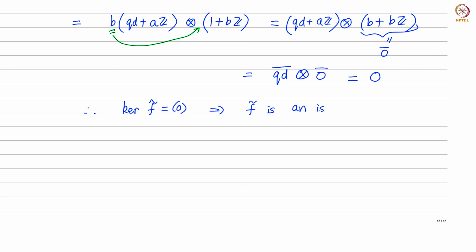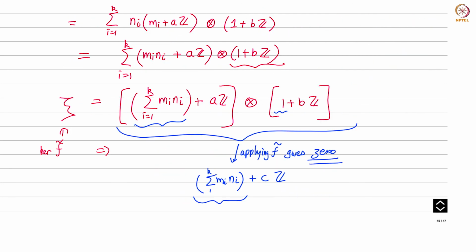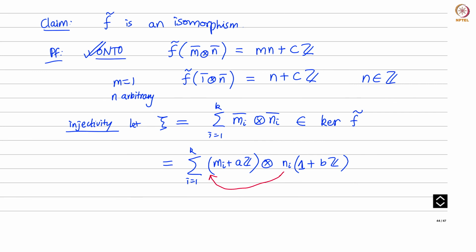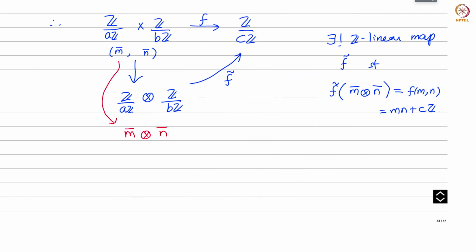So this is an interesting exercise because this tensor product thing is slightly non-intuitive. We started out with these two cyclic groups, Z mod AZ and Z mod BZ, and what we constructed somehow is a smaller cyclic group, if you wish, whose size is equal to the GCD of the two sizes.